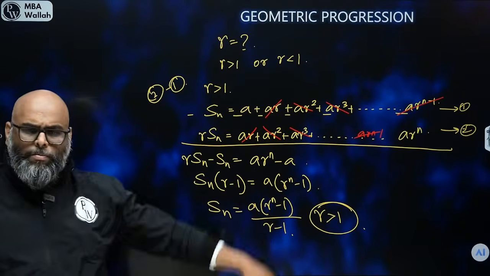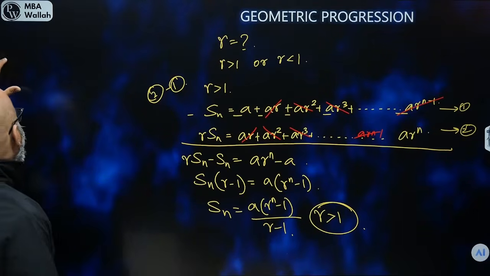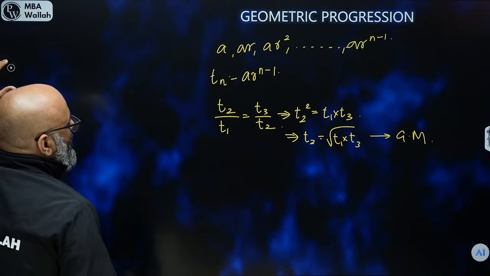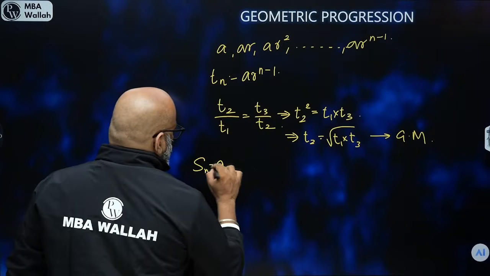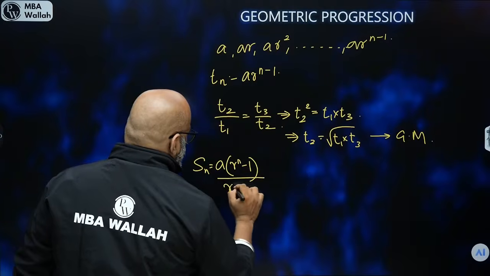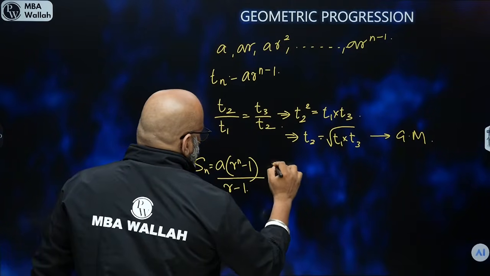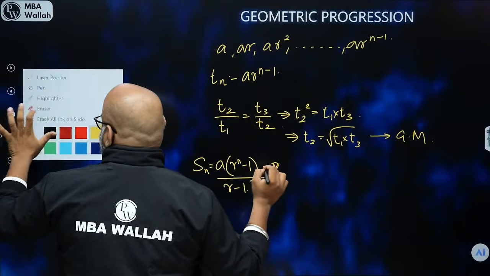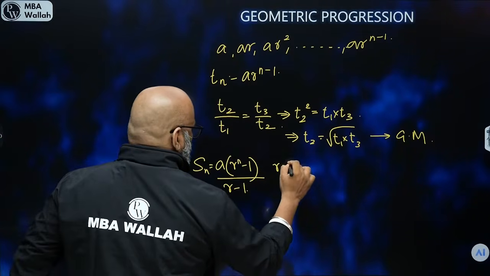Any doubts? That is the next formula that we need to know. I want to write it here: Sn is equal to A into R power n minus 1 divided by R minus 1, considering the fact that R is greater than 1.